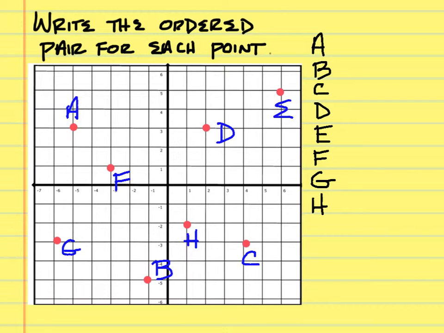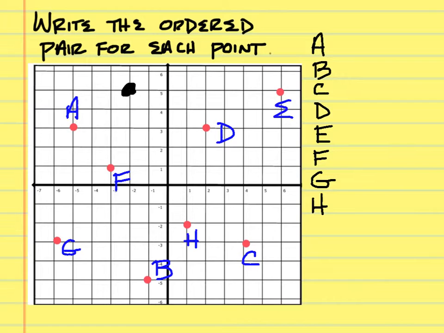The first set here is to write the ordered pair for each point. And each point has a letter attached to it. So before we go down through this list of A through H, if I picked a point out here in black, and it's at this point, in case you can't see where I put it, you have to start at the origin every time.